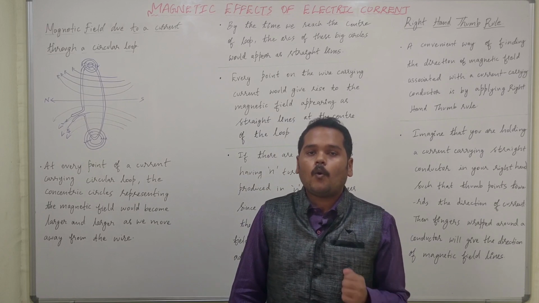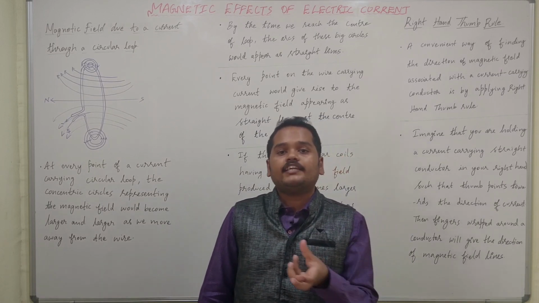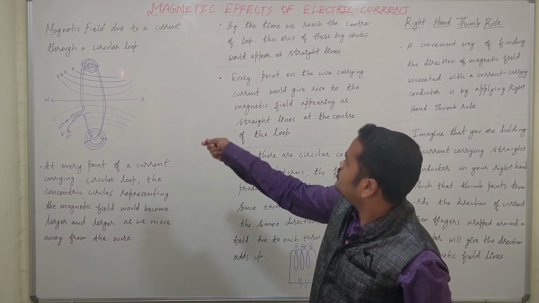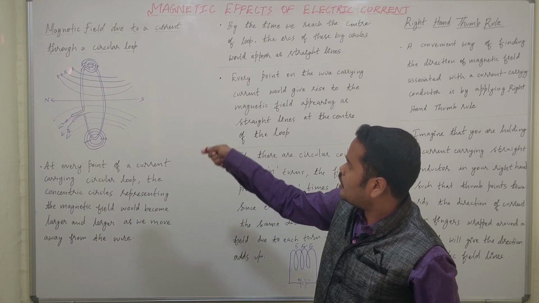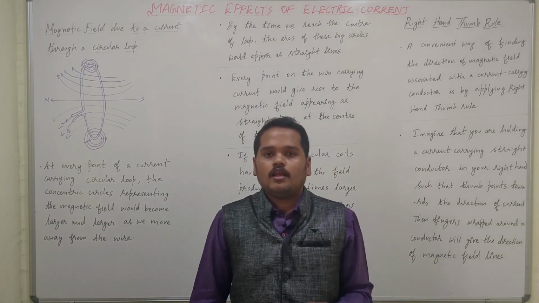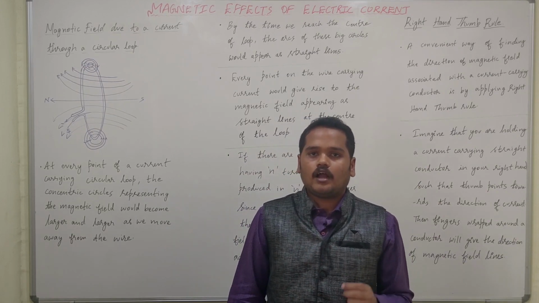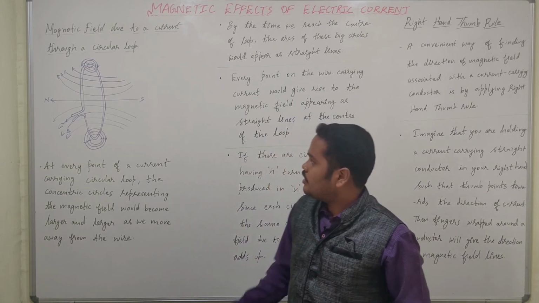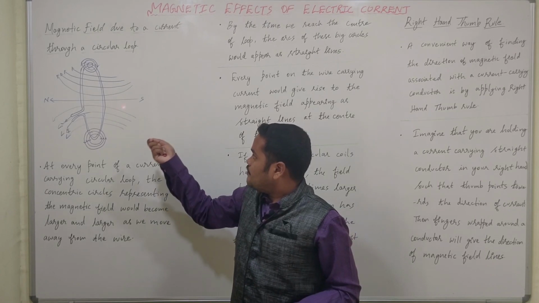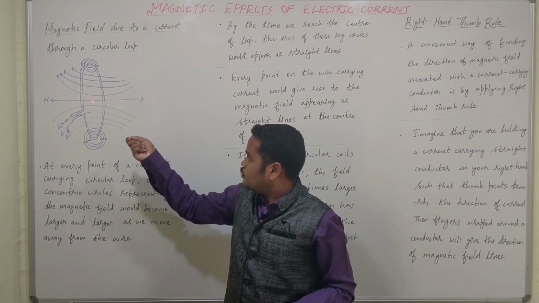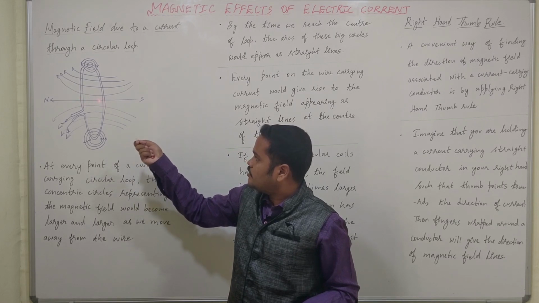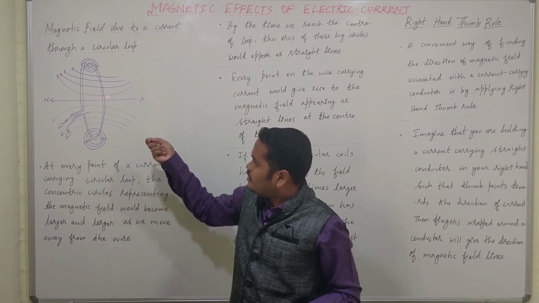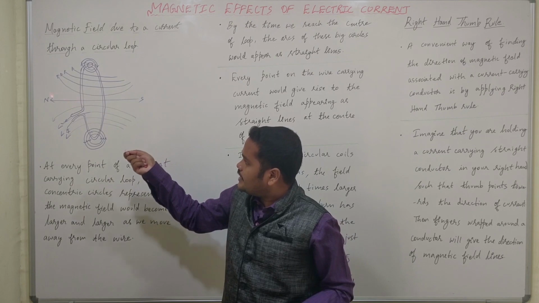This is the property of the magnetic field line which you observe while using a circular loop. Now, since we have understood this, we can see that the current passing through every point inside a straight line will have a magnetic field which is going in a straight direction.